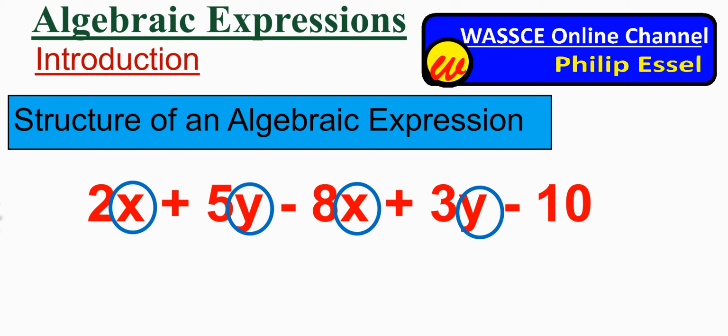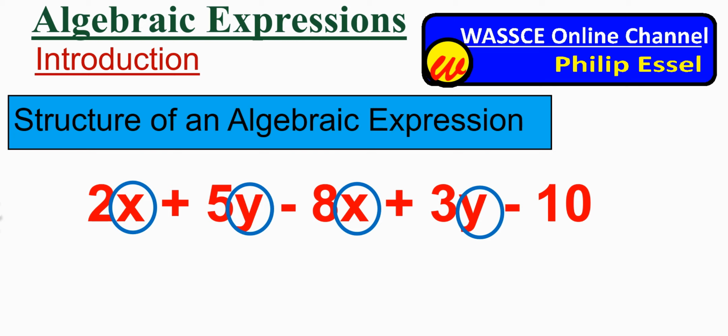Now, in front of the variables, you can find numbers. So in this algebraic expression, you can find numbers in front of variables. These numbers that appear directly in front of the variables are called the coefficients of the variables.